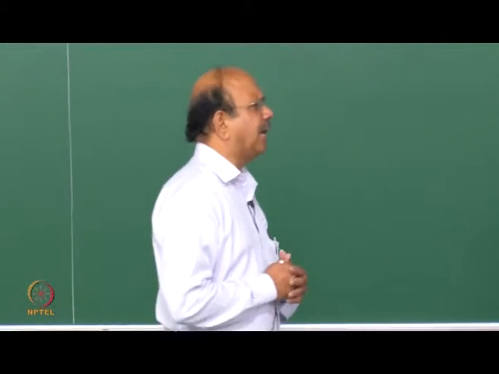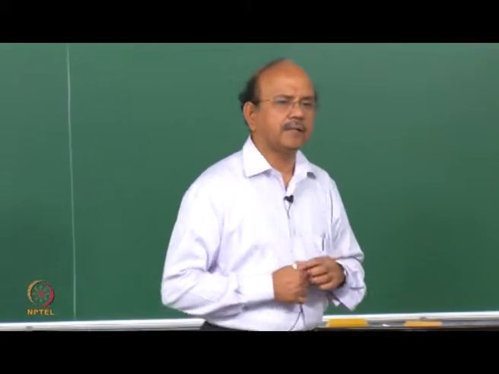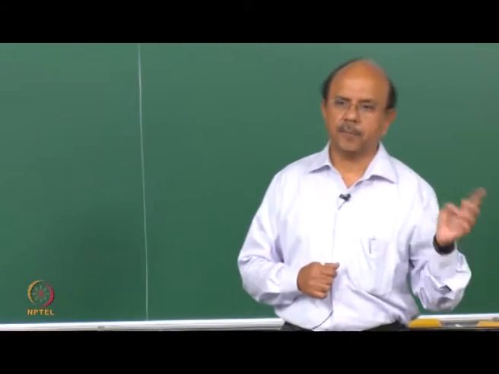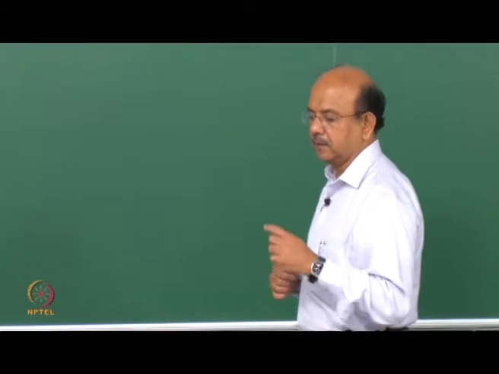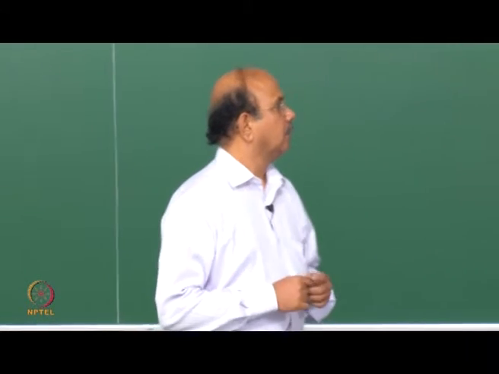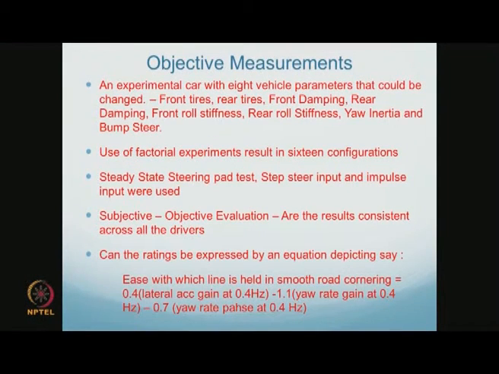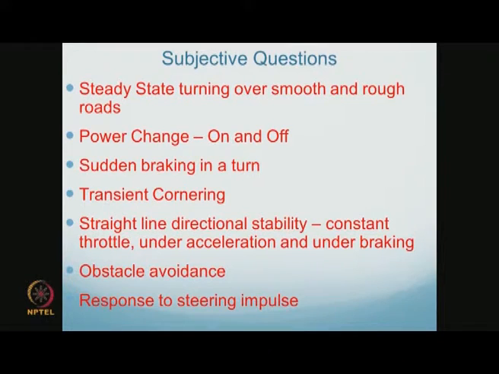Of course, Adams' model has been used as well to get the objective rating, and experiments were conducted to obtain these ratings as well. Let us now look at the type of questions, and I'm going to read them out so that you understand.